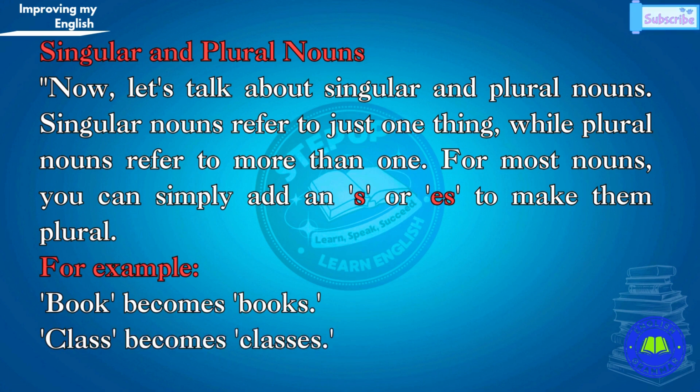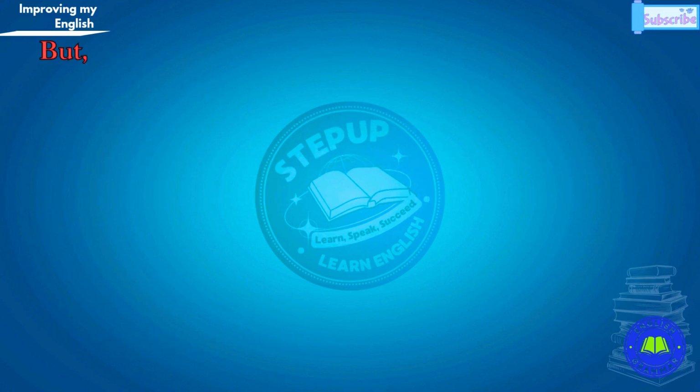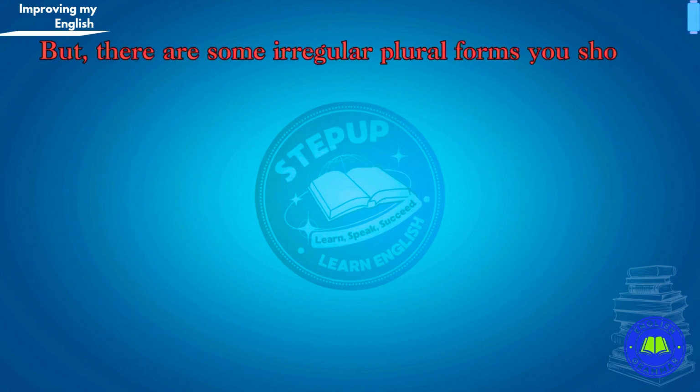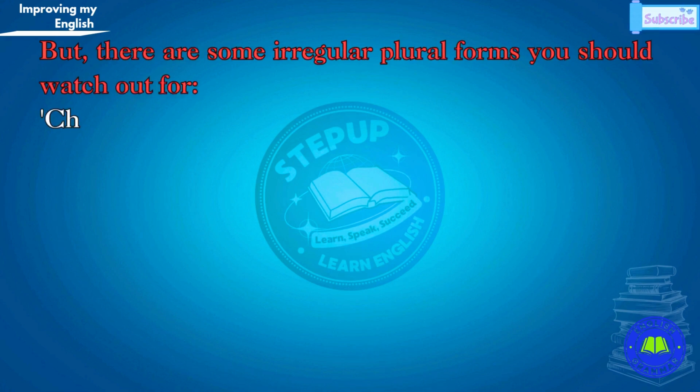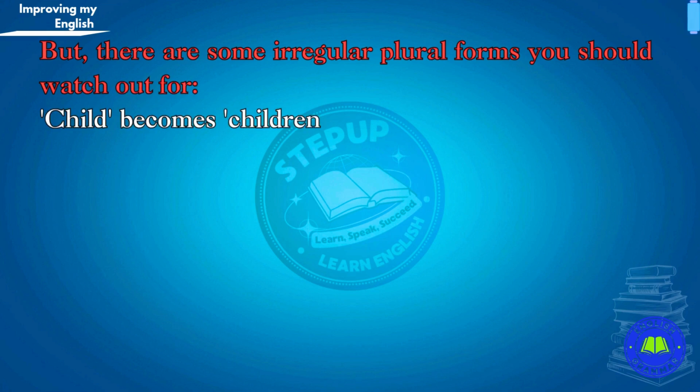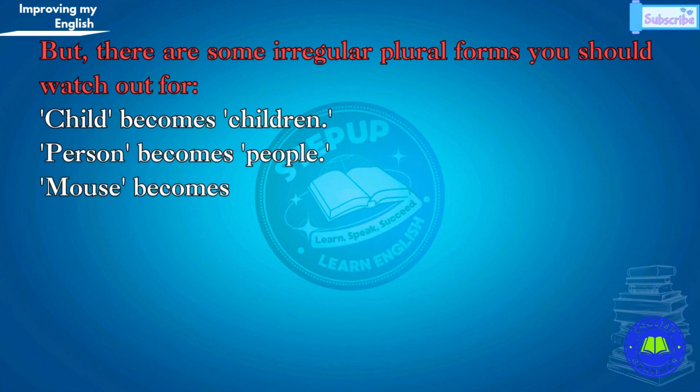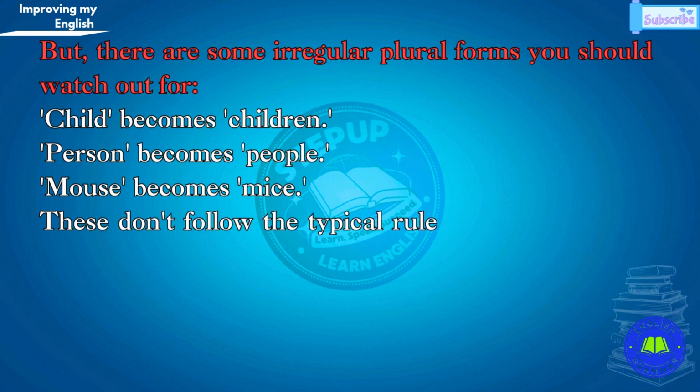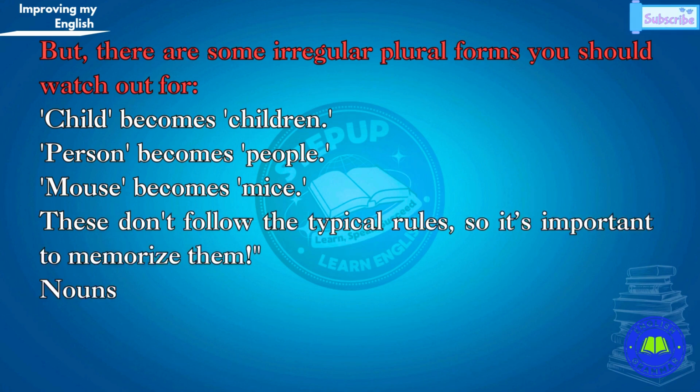Class becomes classes. But there are some irregular plural forms you should watch out for. Child becomes children. Person becomes people. Mouse becomes mice. These don't follow the typical rules, so it's important to memorize them.